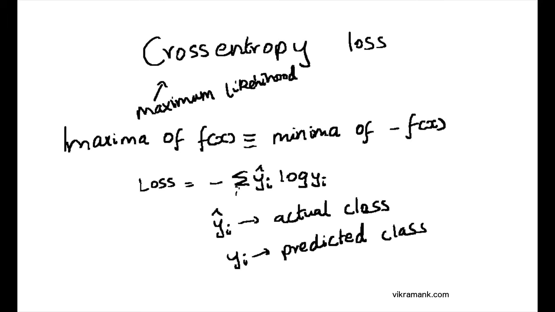So in order to increase this maximum likelihood of the predicted class to that of the output class, we can equivalently multiply a negative sign with this function and find the minimum. This is the standard procedure, and this is the cross entropy loss.